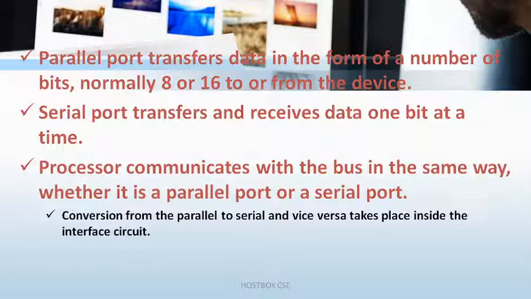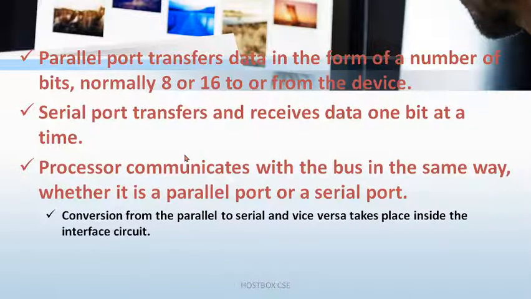So in parallel, multiple bits are transferred simultaneously; in serial, only one. An example of a serial port is the RS232 cable. An example of a parallel port is a printer. The processor communicates with the bus in the same way, whether it is a parallel port or a serial port, and conversion from parallel to serial and vice versa takes place inside the interface circuit only.